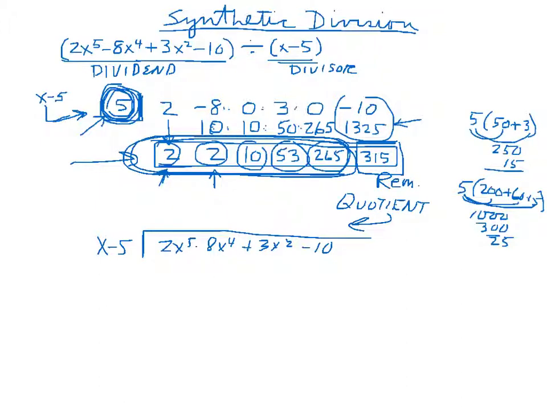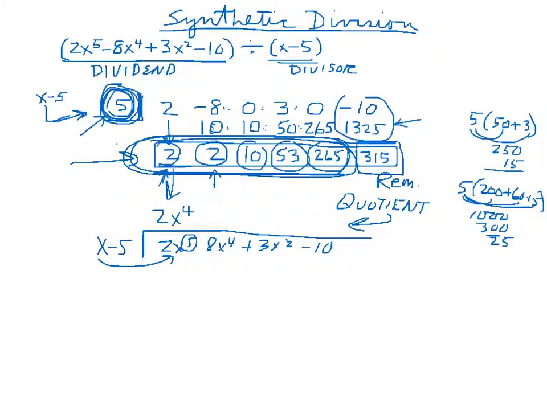Which means the quotient would be 2x to the 4th. You should understand that this first term is always going to have an exponent 1 less than what you're dividing into, because x goes into x to the 5th, cancels one of those x's, and you're down to x to the 4th.